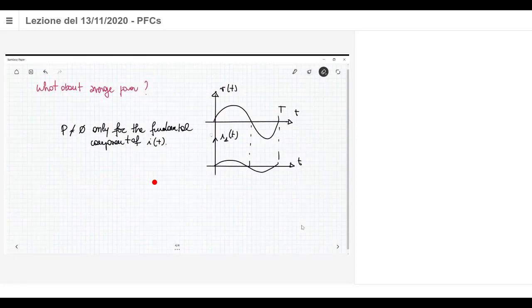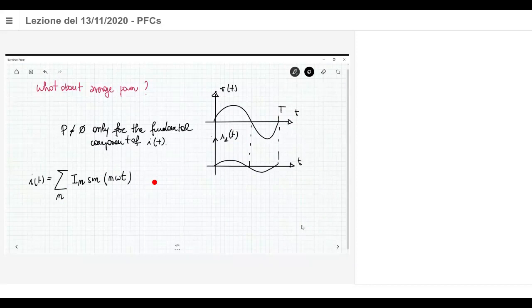If you expand the current in Fourier series, you have a summation over n of sine of n omega t, for example, and then you can have several contributions.